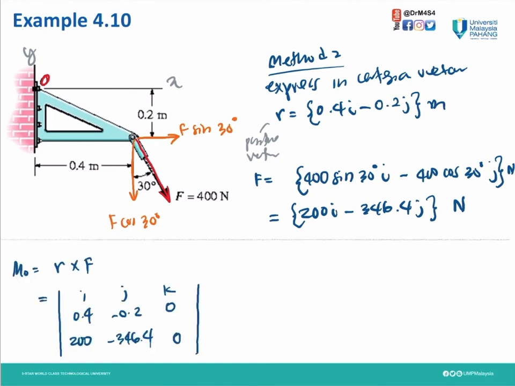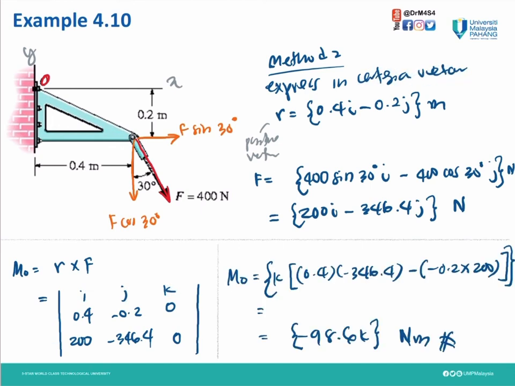So we assemble our Cartesian vectors, in vector form I, J and K, for our R and our F. Simply we can calculate. As you can see here, when we expand our matrix, for I, J will be cancelled out because it's multiplied by 0.